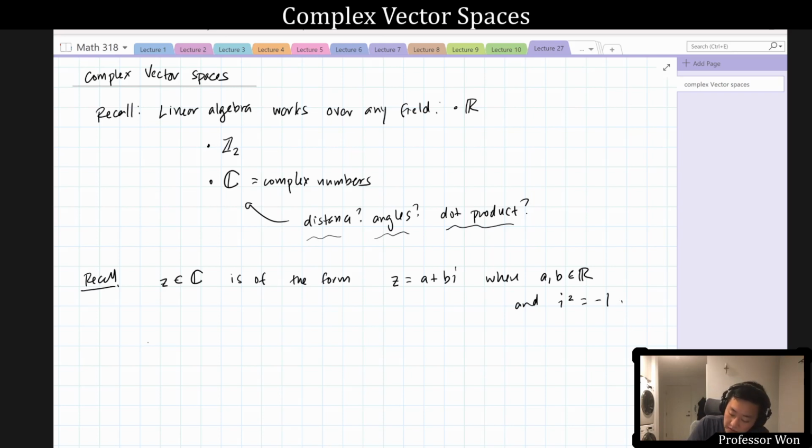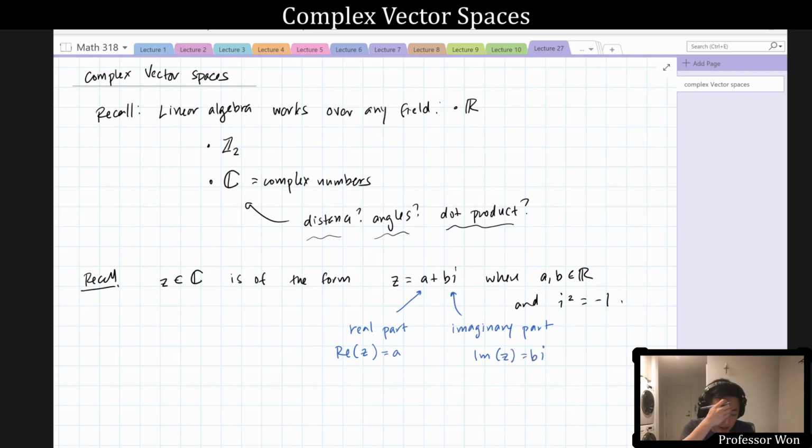You call a here the real part of z, and you call bi the imaginary part. Right, and so sometimes you'll say that the real part of z is a, which you'll notate like this, and you can say the imaginary part of z is bi.